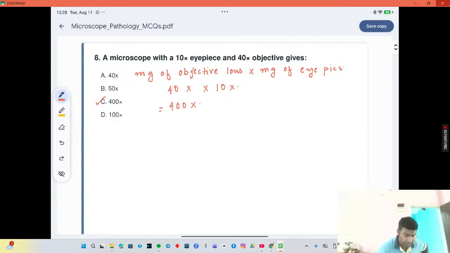Therefore, when a microscope has 10x eyepiece magnification and 40x objective magnification, the total magnification of the microscope will be 400x. It is a very easy formula. We have to just multiply the two magnifications and write the desired answer. And the right answer of this question will be option C.